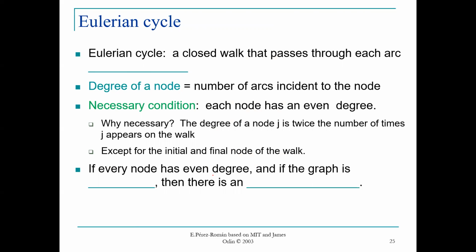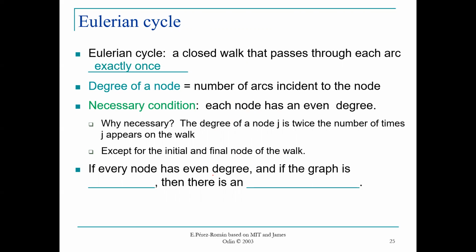It is a closed walk that passes through each arc exactly once. For this cycle to exist, the degree of a node is equal to the number of arcs incident to the node. The necessary condition is each node has an even degree.